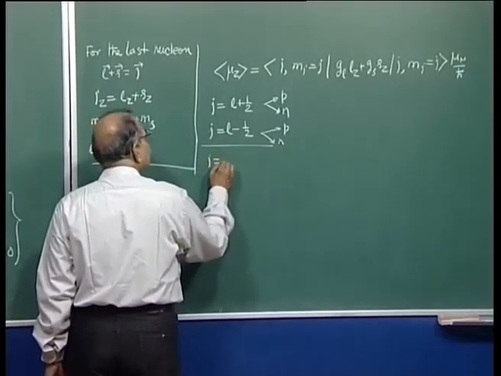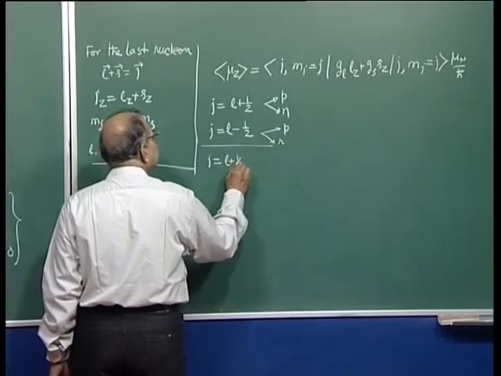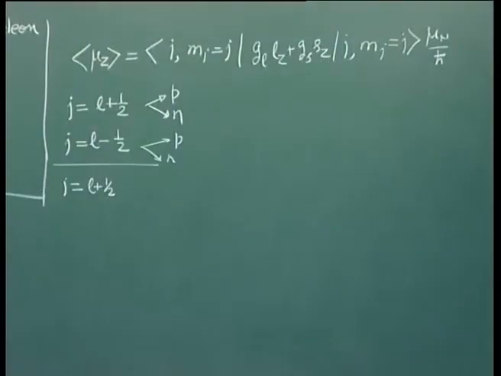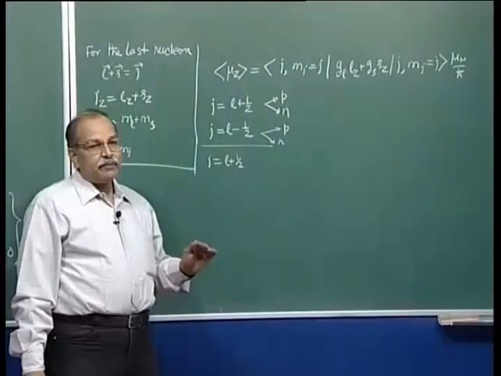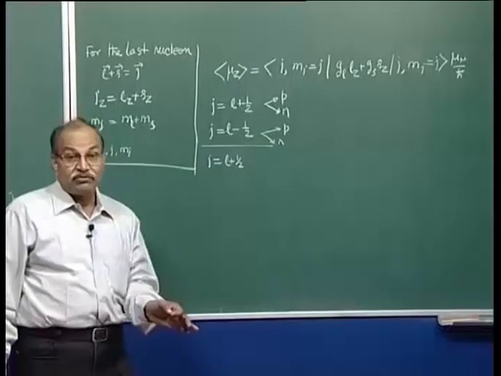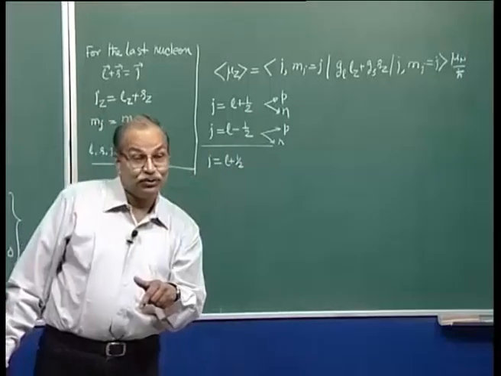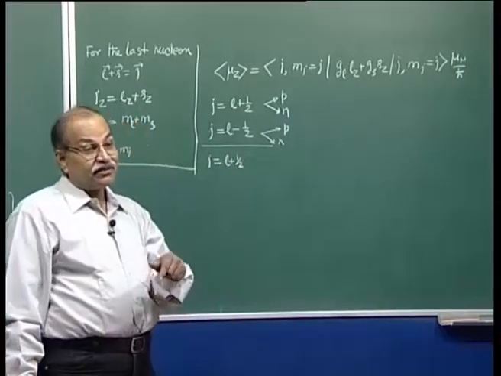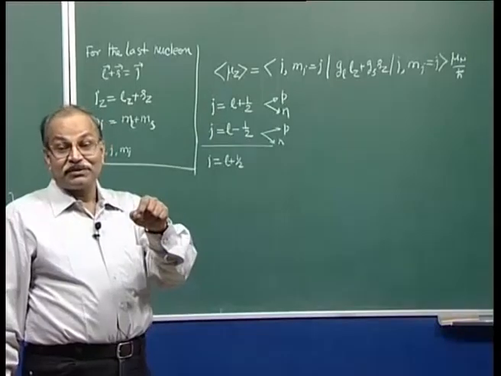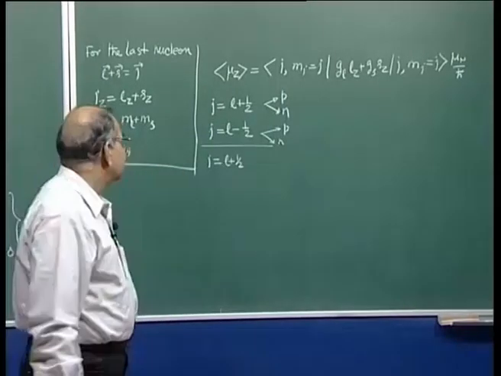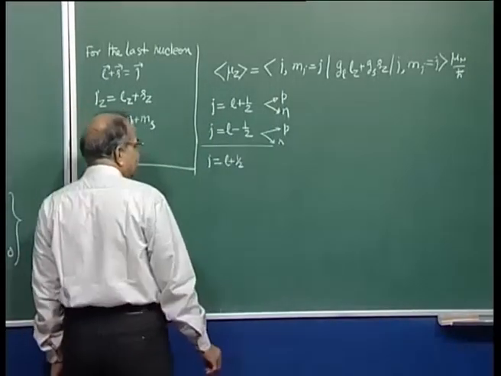J is equal to L plus half. Suppose we are taking this case, J is equal to L plus half. That means we are talking of P 3 by 2 or D 5 by 2, or F 7 by 2, the larger one. So, J is equal to L plus half.